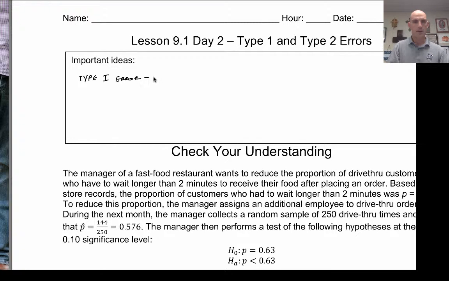The null hypothesis is true, but we make the wrong decision.